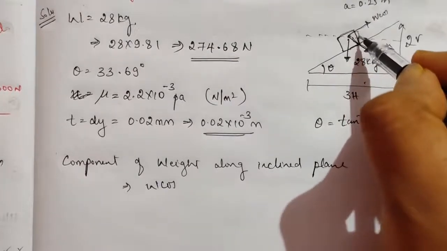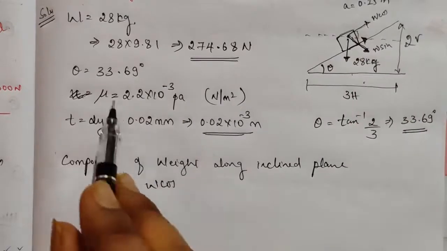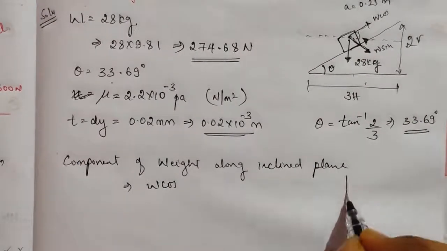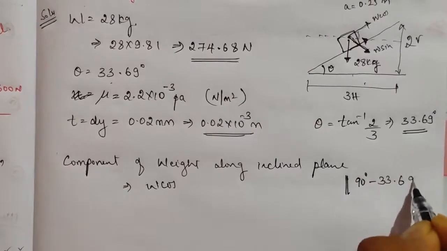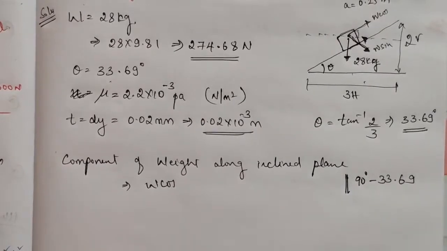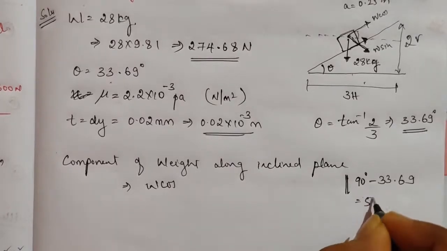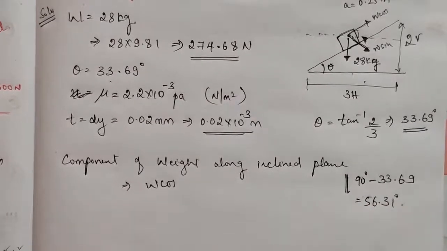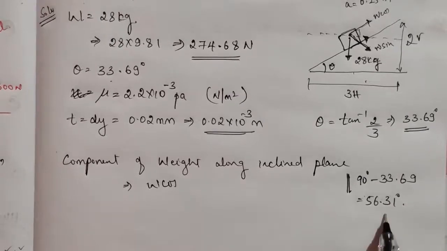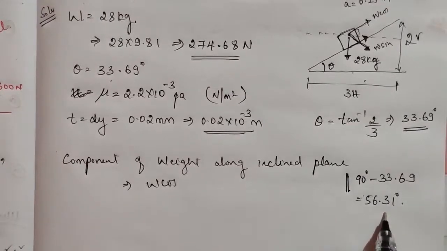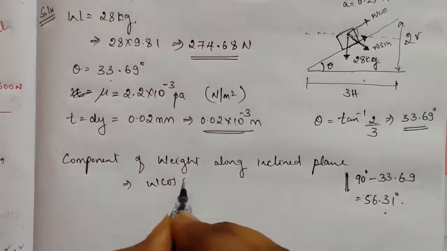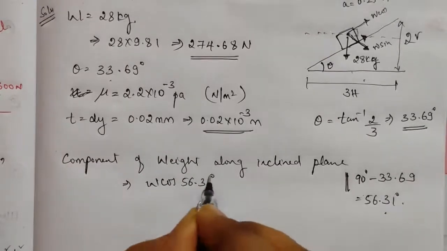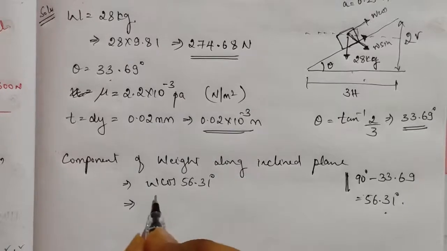So theta is 90 minus 33.69, that is 56.31 degree. You can do this, or you can take another method, I'll tell you in a minute. So W cos 56.31 degree.